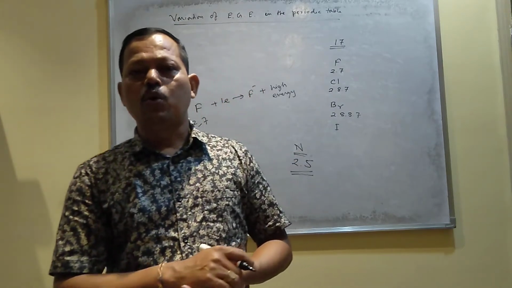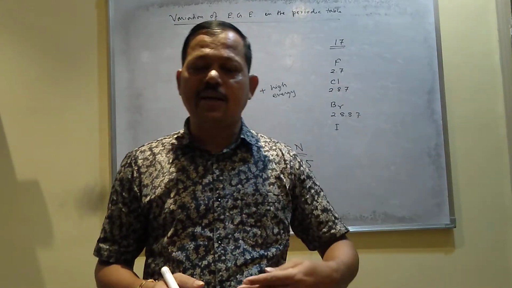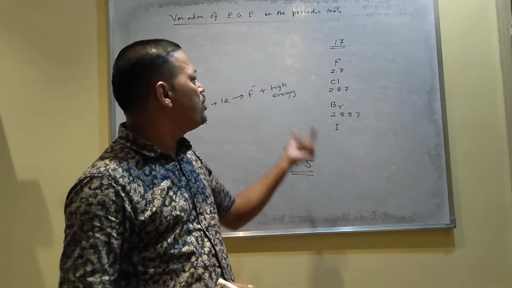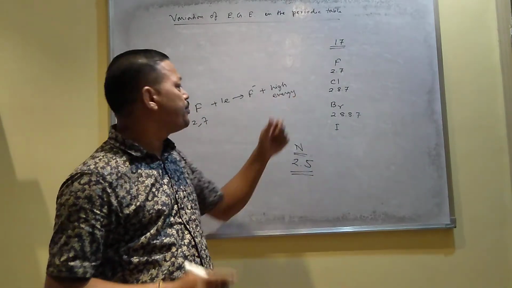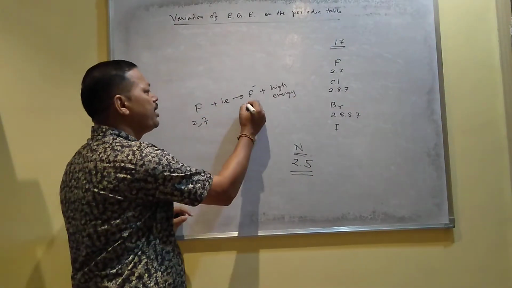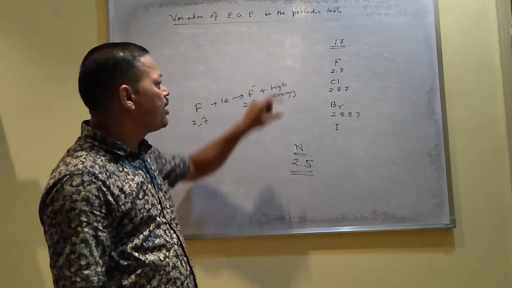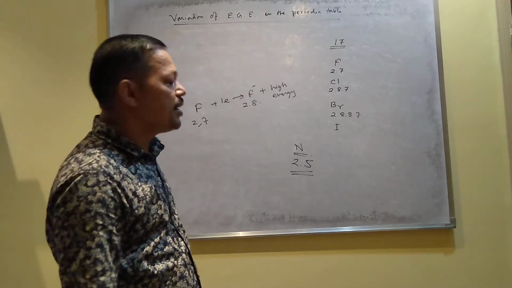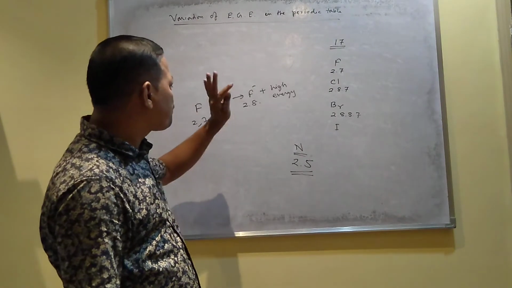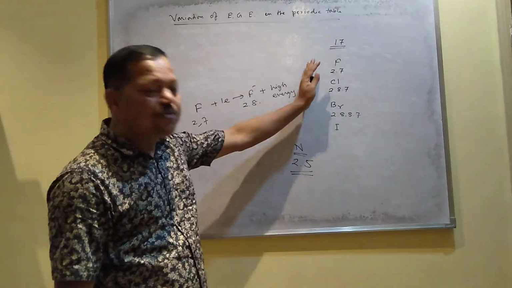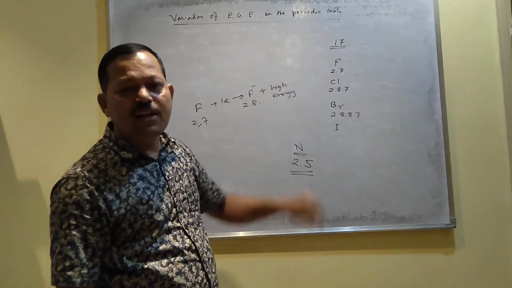Those configurations which have a high tendency to gain the electron, that type of atom always releases a high amount of energy, because after gaining the electron it gains a stable configuration, and due to gaining of stable configuration it always releases a high amount of energy. So always remember, halogens contain 7 electrons in their valence shell.